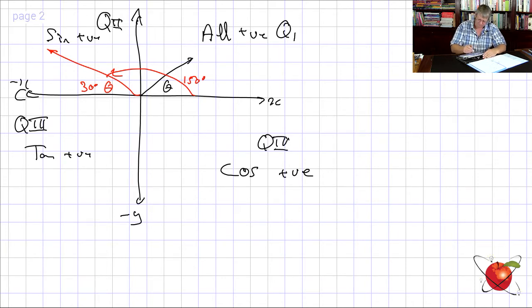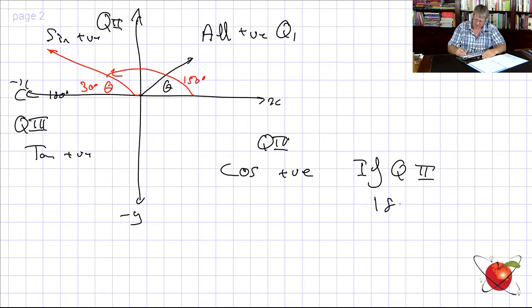We said, well, this is the 180 marker, which means that if you're in quadrant 2, the angle is 180 minus theta, all right? Where then I say, okay, 180 minus theta would be 150 degrees.